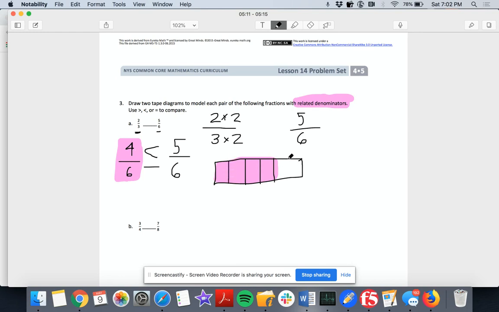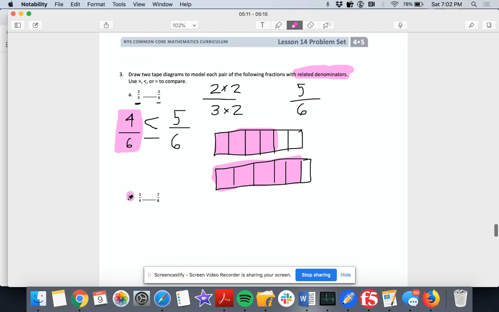So now this showcases 4 over 6. And then my 5 over 6 would simply look like 1, 2, 3, 4, 5, 6. This. So as you can see, more is shaded in for my 5 over 6 than my 4 over 6.